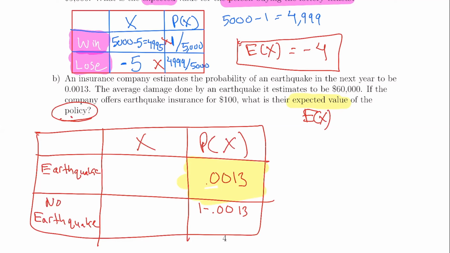And you get 0.9987. So all you have to do is 1 minus the probability that an earthquake will occur. Any question in regard to P of X for earthquake or for no earthquake?